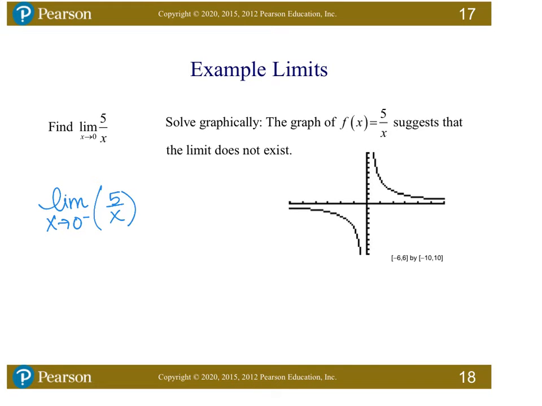The left side of 0 is following the branch of the hyperbola that is heading down towards infinity. It's taking a nosedive and just hitting that asymptote and just heading straight down. And so we say that approaching 0 from the left-hand side is going to be negative infinity.